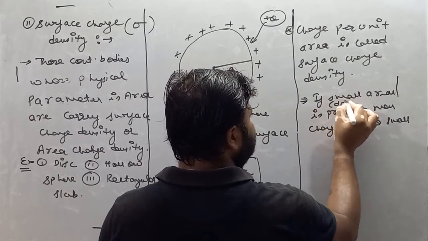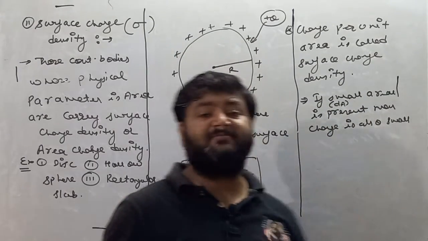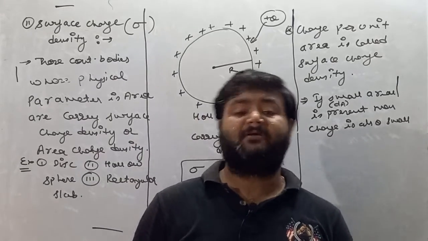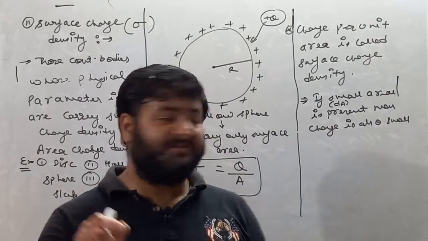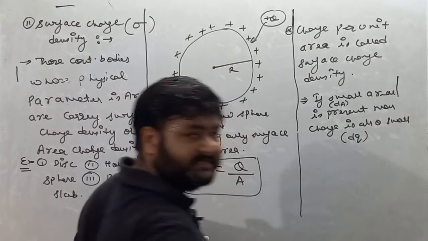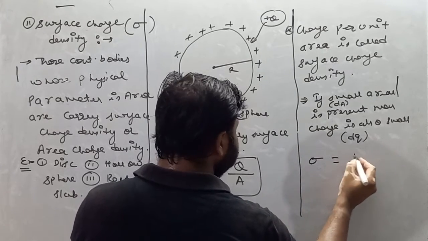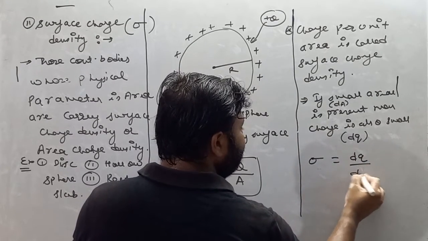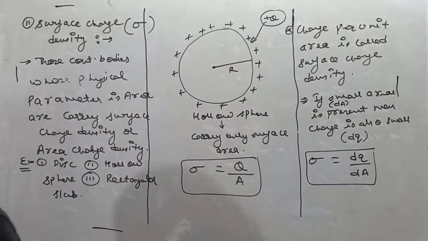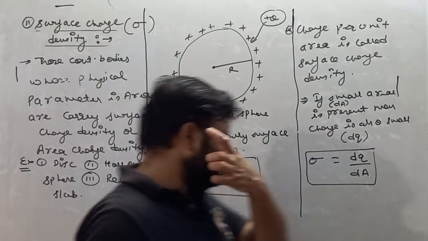As we all know, these types of body carry area, and charges are also present on the area. So if the area is very small, then the charge also becomes very small, that is dq. In that case, surface charge density becomes equal to dq by dA. This is the basic formula of surface charge density, or area charge density.